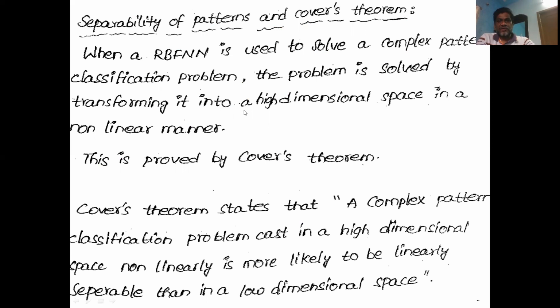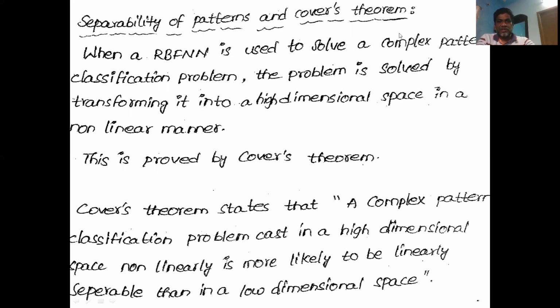Therefore, the low dimensional input space needs to be converted into a high dimensional input space such that the high dimensional input space is linearly separable. Generally we follow this transformation whenever we try to design a neural network for a complex pattern classification problem. This is actually proved by Cover's theorem.